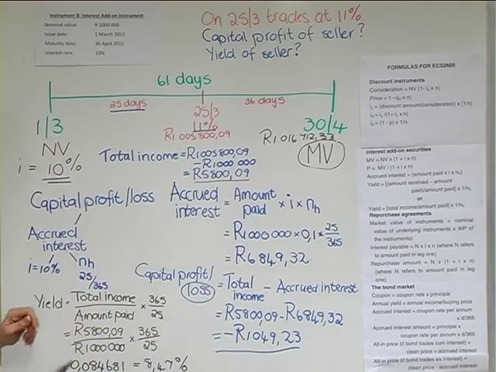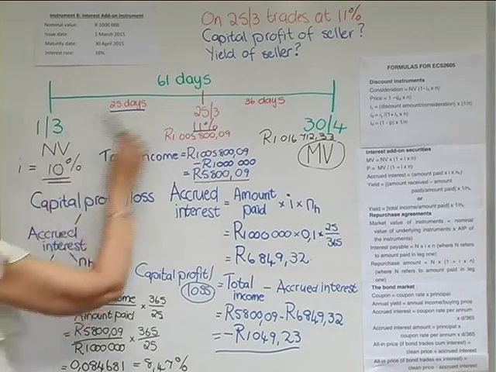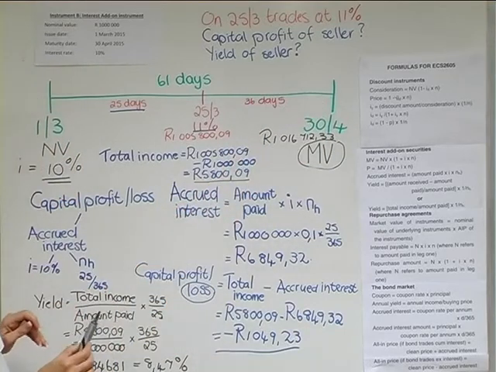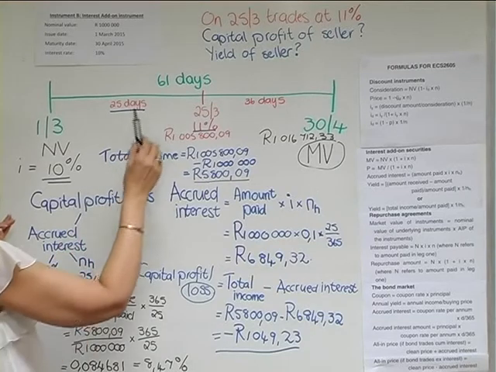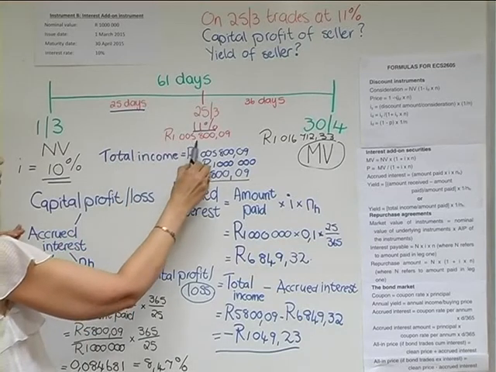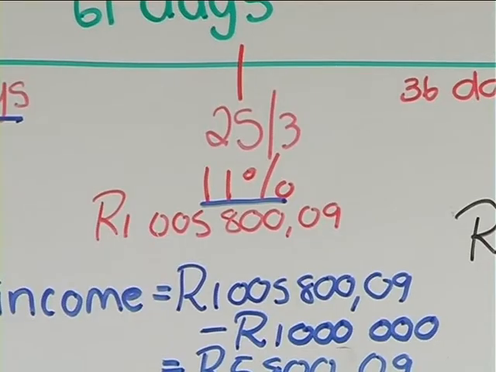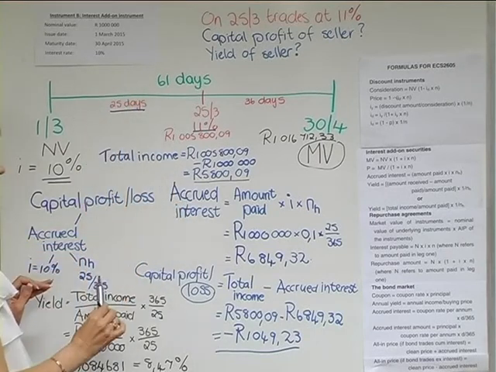So we have now, for an interest add-on instrument, calculated the maturity value in the first video clip. Then we calculated the price at which it was sold in the secondary market when it traded at 11%. We calculated the total income of the seller.